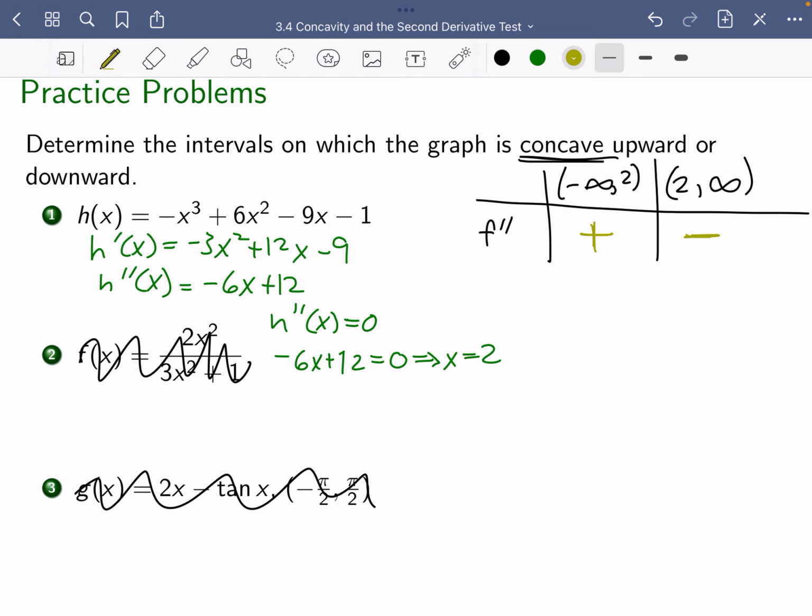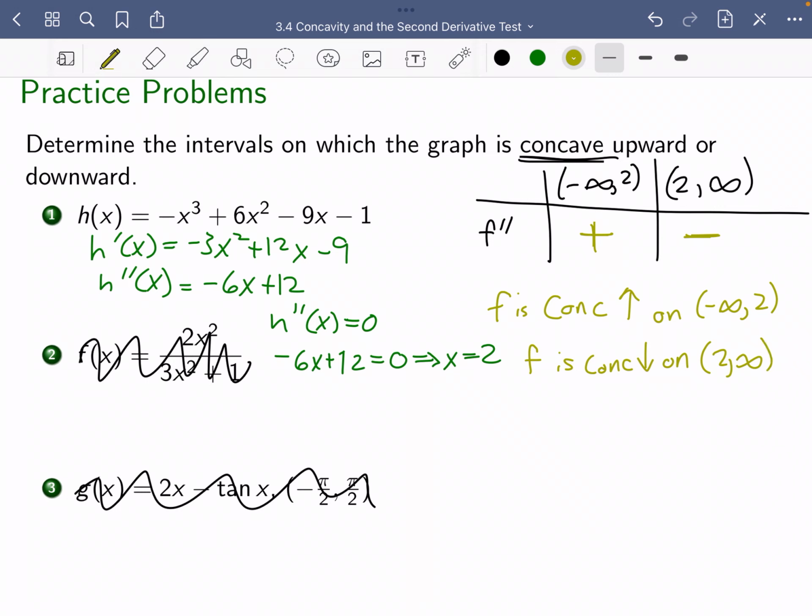And so, what is true? This function h is concave up on negative infinity to 2, and h is concave down on 2 to infinity.